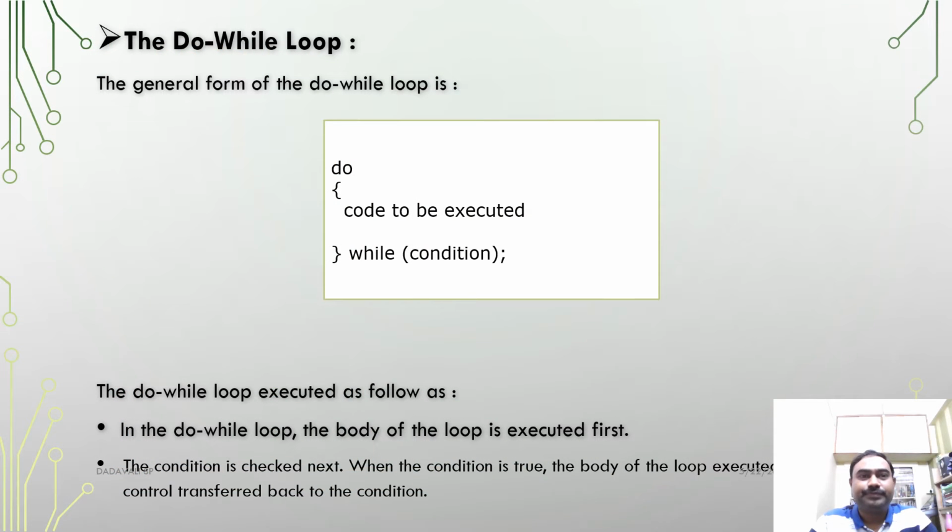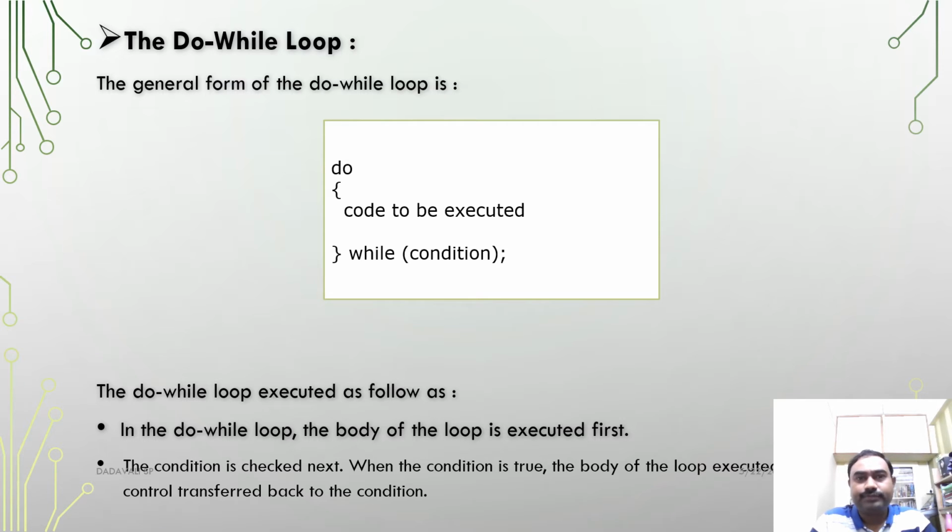Now the do while loop. The general form of the do while loop is: do, then a block of statements with the beginning and end braces. At the end of the braces, while, then the condition in parentheses, and put a semicolon. This is the syntax.